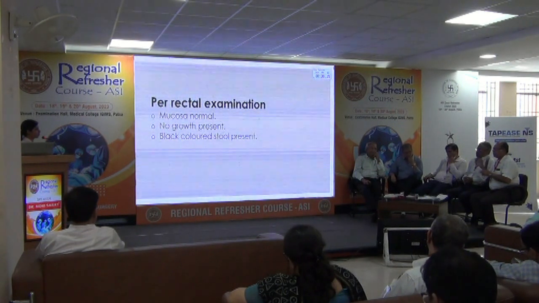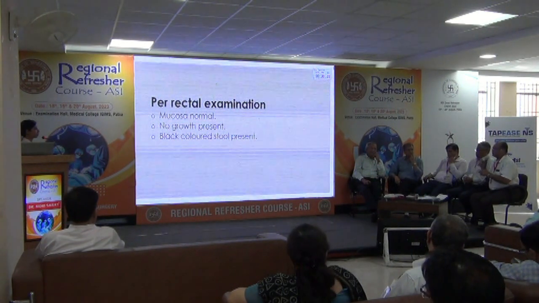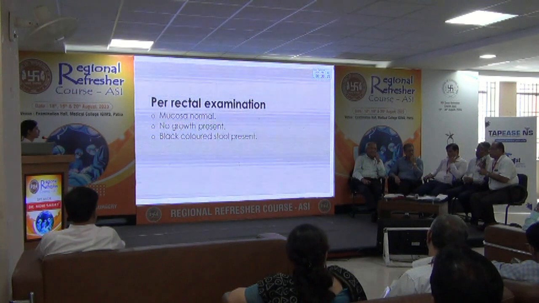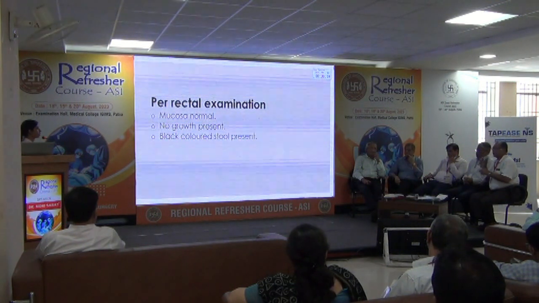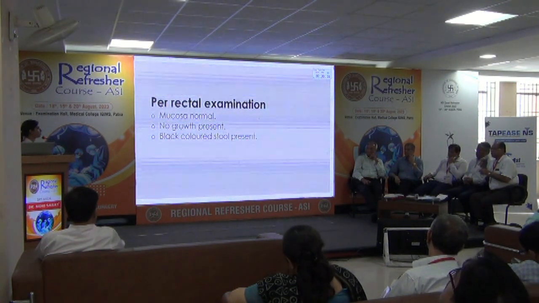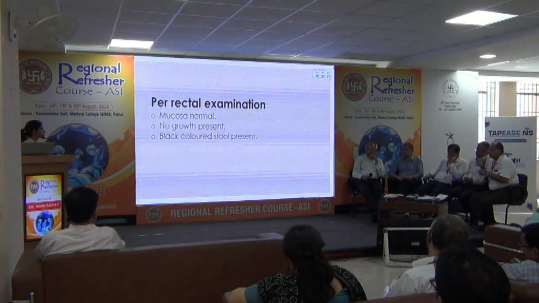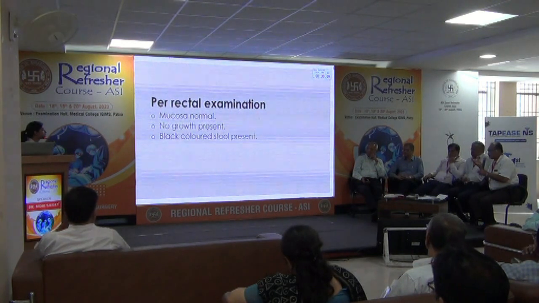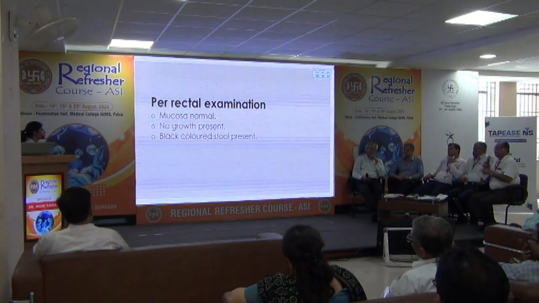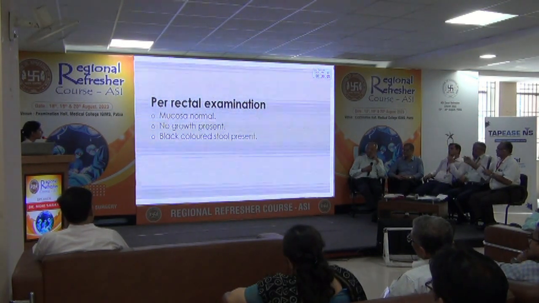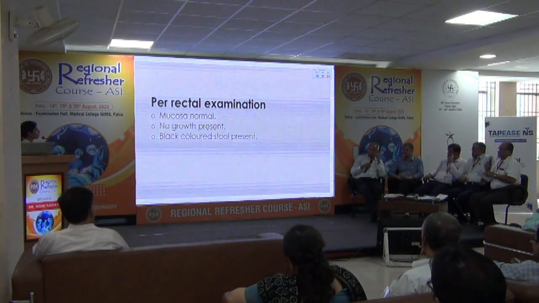Right. Before I leave it to Dr. Sanjay, let's say visceroptosis, what is the clinical sign that you will use to say that it's visceroptosis? How do you diagnose visceroptosis?